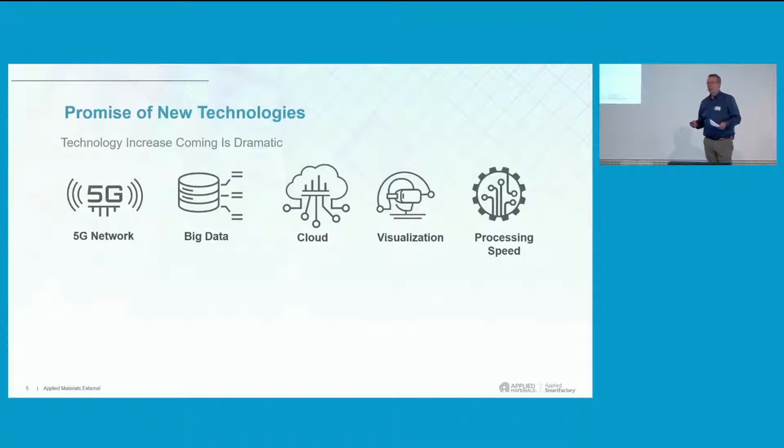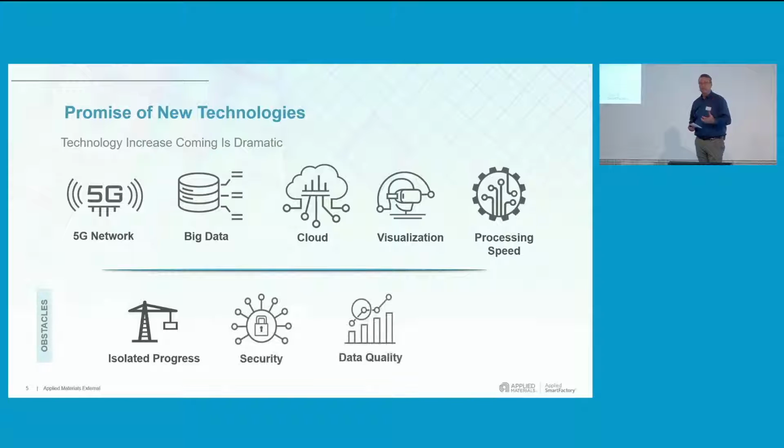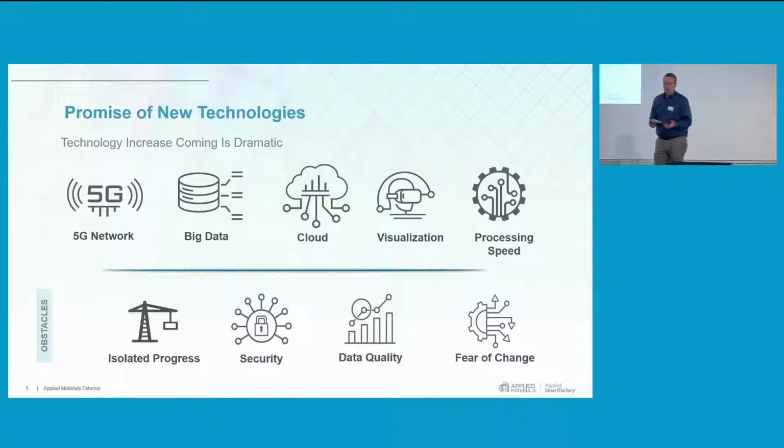As we go out in the industry, we're constantly working with different companies. Many of you we work with, talking to different companies about some of their challenges as well, and the common things that they are faced with as they try to adopt these technologies are things like adoption in isolation. They get something working really well, but it's not necessarily working really well with the rest of the fab.